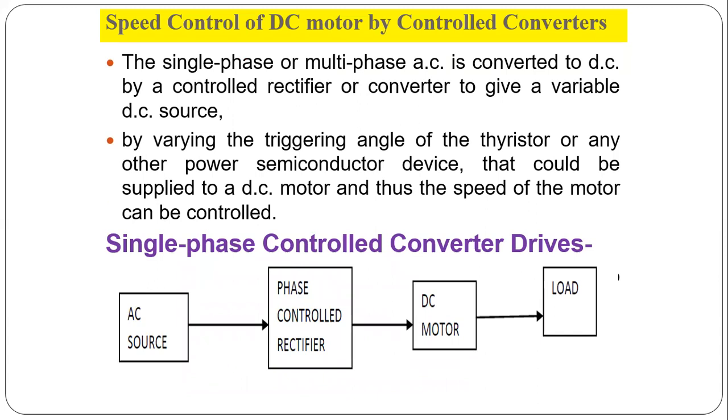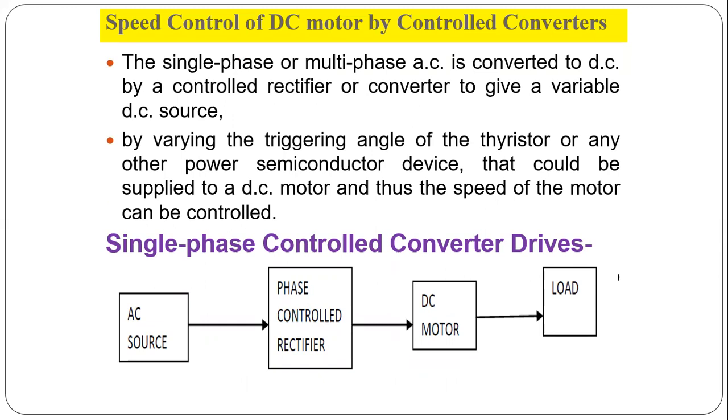The single phase or multi-phase AC is converted to DC by a controlled rectifier or converter to give a variable DC source. Now let us start our today's main topic, that is the single phase fully controlled converter fed DC motor drive.